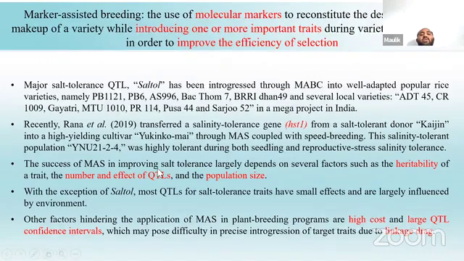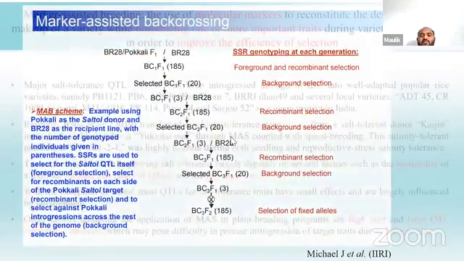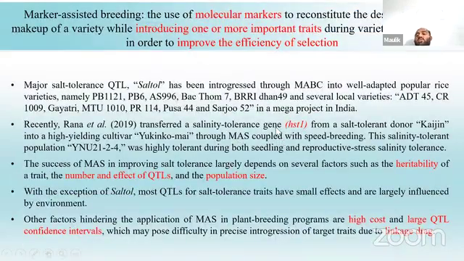Marker assisted breeding uses molecular markers to reconstitute the desirable genetic makeup of the variety while introducing one or more important traits during varietal development, in order to improve the efficiency of selection. Recently, Rana et al., 2019 transferred a salinity tolerance gene from the salt tolerant donor Kasalath into the high yielding variety Yukinomai through marker assisted selection coupled with speed breeding.